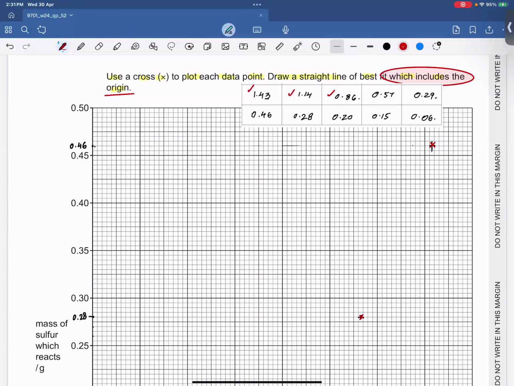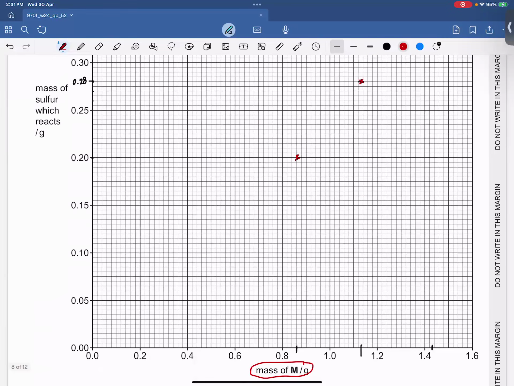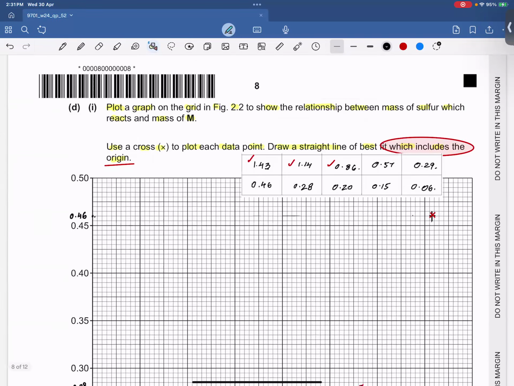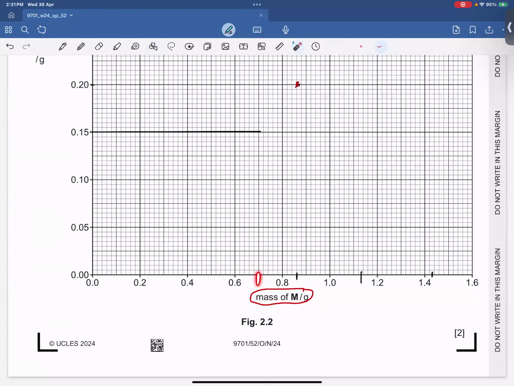Next is 0.15. This is 0.15. And 0.15, 0.57. This is 0.5. This is 0.7, sorry.